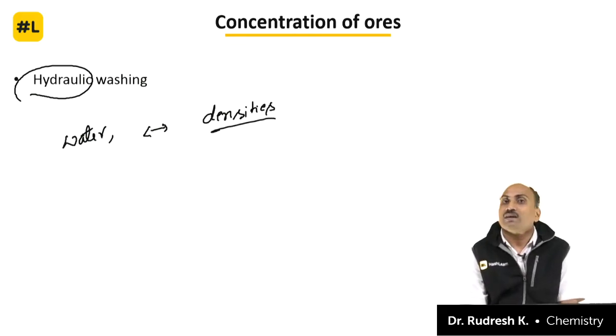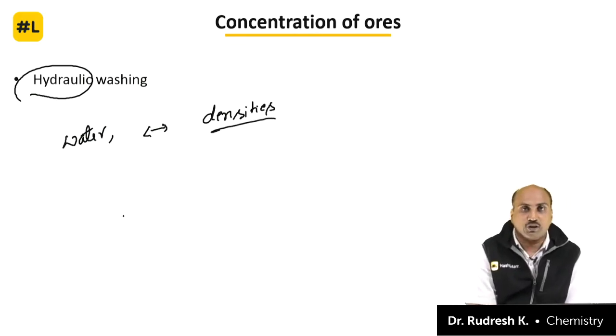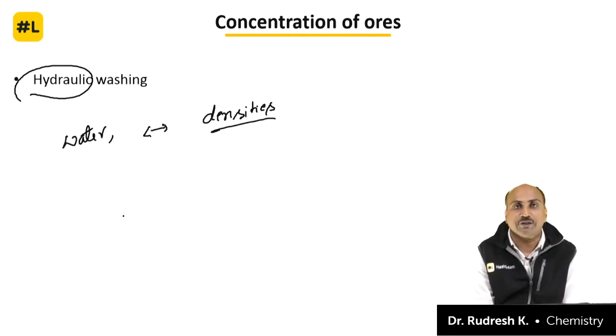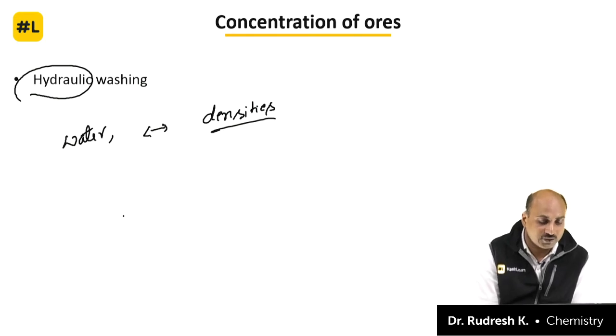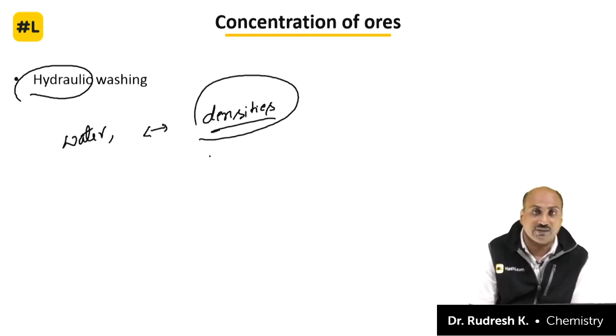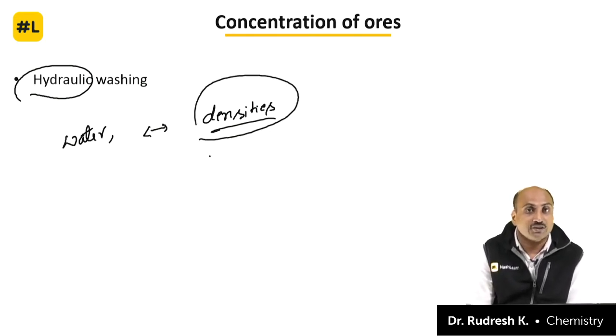It is like this. I think you watch comedy shows sometimes, where we talk about a Tin and Pat. Tin and Pat means one is a fat fellow and another is a thin fellow. If you make them run, who runs first? Like that, if they have different densities, then we can make their separation easily.